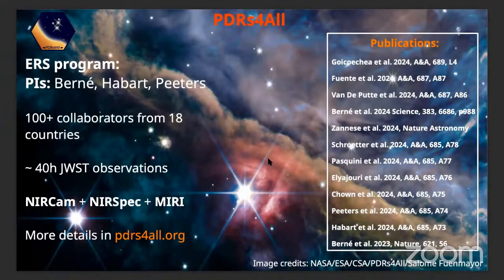The data that I'm using is the data for PDRs4All. This is an early science program with hundreds of collaborators from many countries. It has around 40 hours of JWST observation with NIRCam, the imager, the MIRI imager as well, and it also has NIRSpec and MIRI MRS observations.